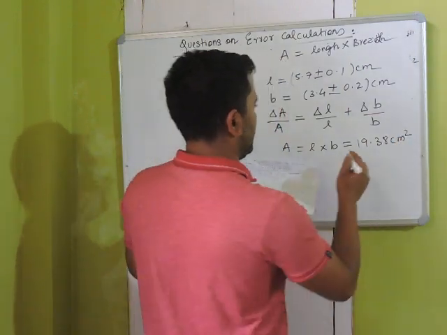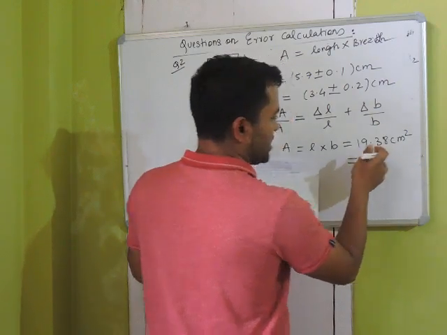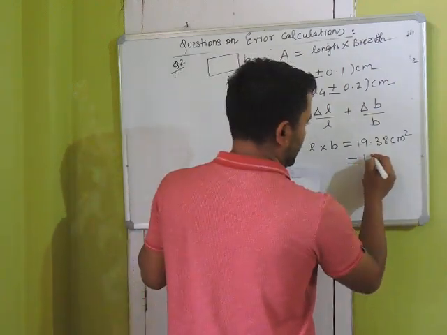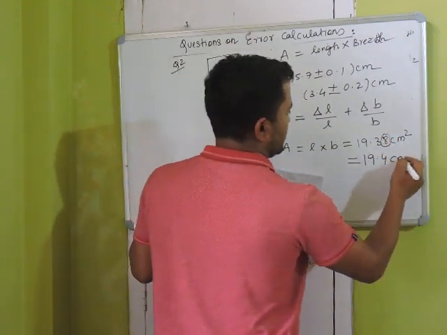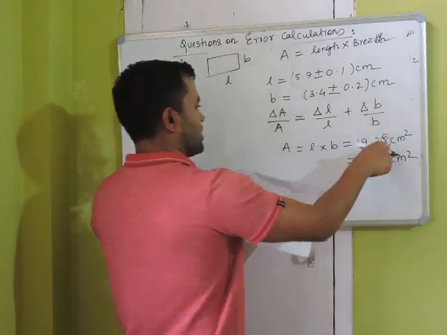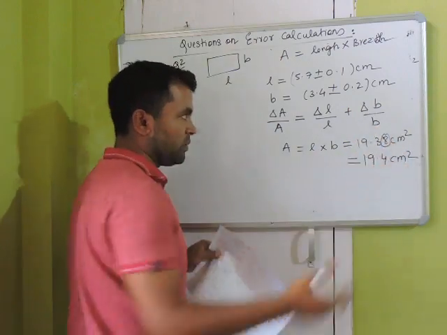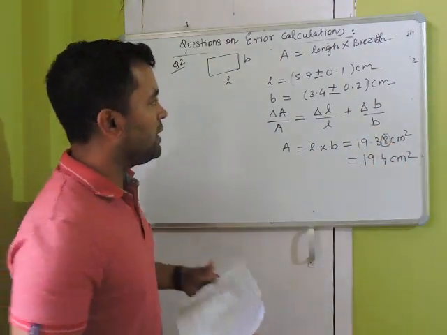and to first decimal place, if I round off, then this will be 19.4. Suppose we drop this, so this will be 19.4 centimeter square. If I drop this, I have to round it off, I have to increase it. So this is area.